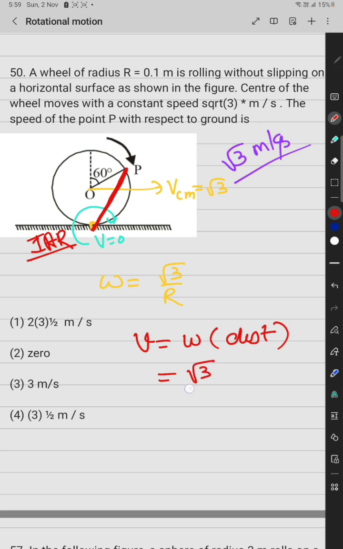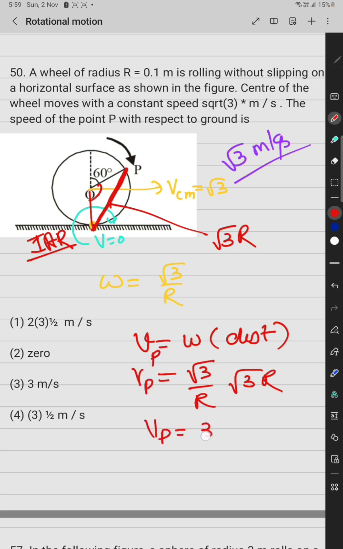Omega is root 3 by r, and the distance of this one, it makes angle 120, that means the distance is root 3 times r. So the speed of point P is equal to 3 meter per second. So we can say the correct option is 3 meter per second.